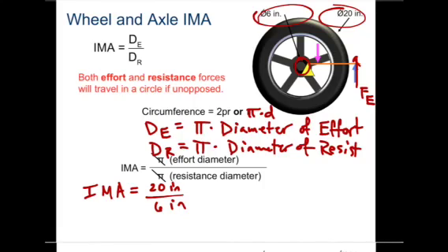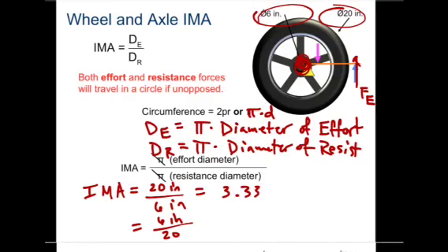So this would be if the wheel was driving the axle. We were trying to turn the wheel so that the axle would move. That would be this one. And then we'd get 3.33, I think. And if it was the other way around, if the engine or something was turning the axle, then the effort would be on the axle, and we'd switch these. So it could also be 6 over 20.